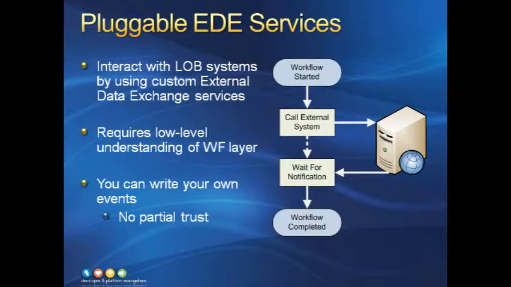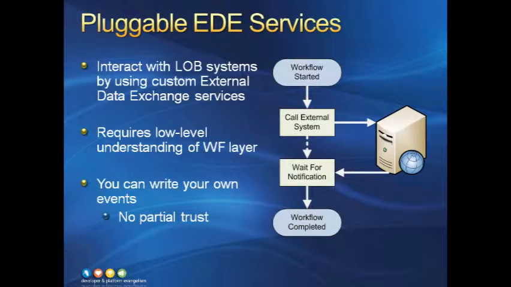But now with these new pluggable services that we have, we can simply use 2 different activities that come out of the box with Windows Workflow, the call external system and wait for notification, so that I can make outbound calls, and then that outbound call can basically put the workflow to sleep, and then as a call comes back and goes through this other activity, which basically is waiting for input, it can automatically tell SharePoint, I need to wake up a workflow instance.